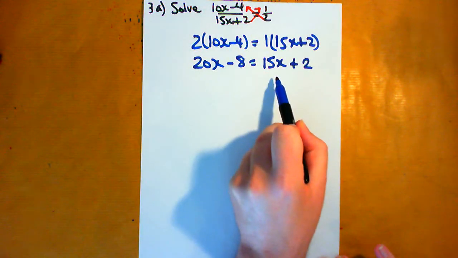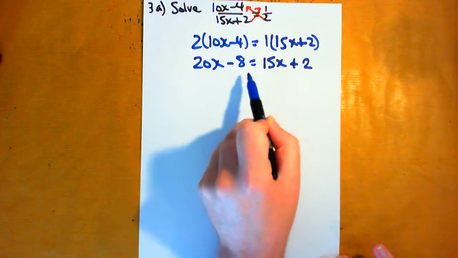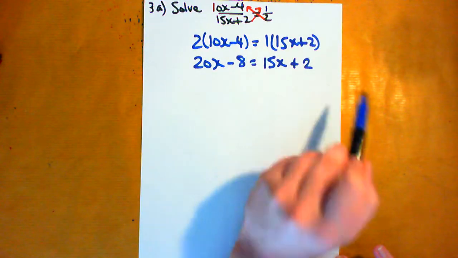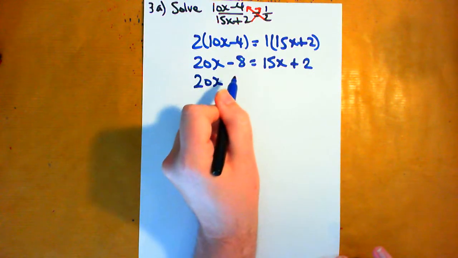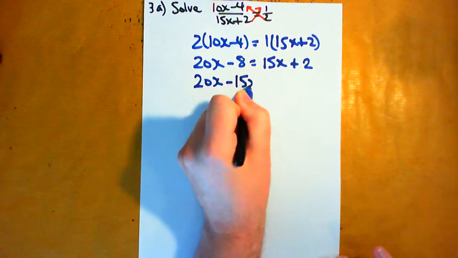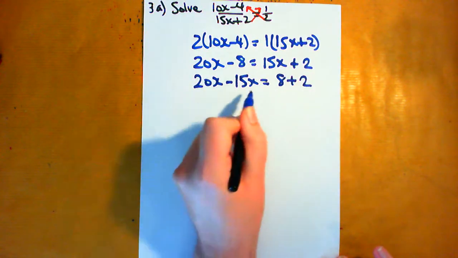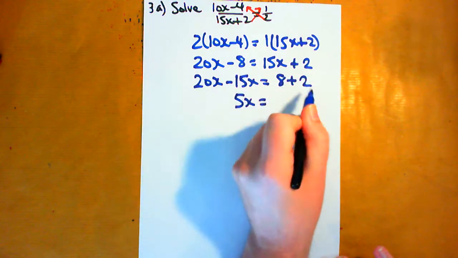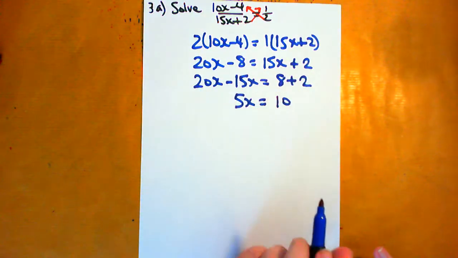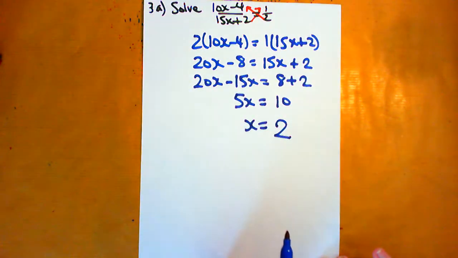So let's move the 15x to the left so it becomes a minus 15x, and we'll also move the minus 8 to the right to make it a plus 8. So we get 20x minus 15x equals 8 plus 2, and 20x minus 15x is 5x, 8 plus 2 is 10, and if we divide that through by 5 we get an answer of x equals 2.